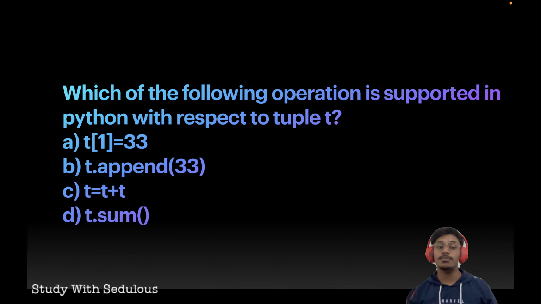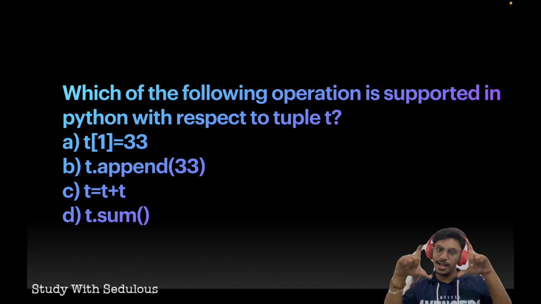T dot sum. When we actually see this, we'll just get confused very easily. Do you know why? Because there is a function called sum which gives the sum of all the values on the specific tuple. But the format is different. It is sum of t.